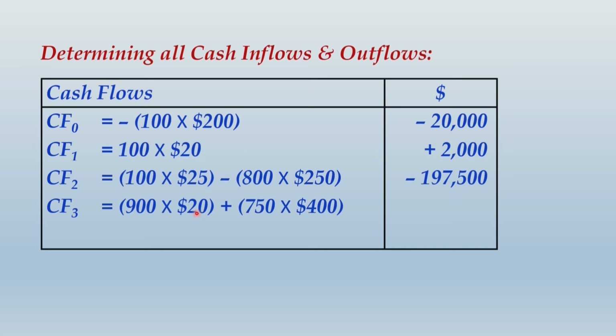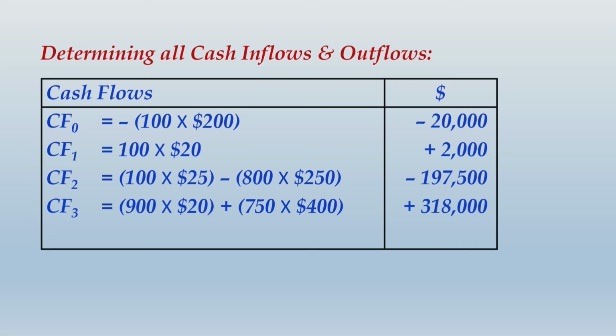On the other side, Mr. John has sold 750 shares, each at $400. As a result, 750 into 400 will also be a cash inflow. 750 into 400 will give you $300,000 and 900 into 20 will give you $18,000. So total cash inflow at third year will be $318,000.